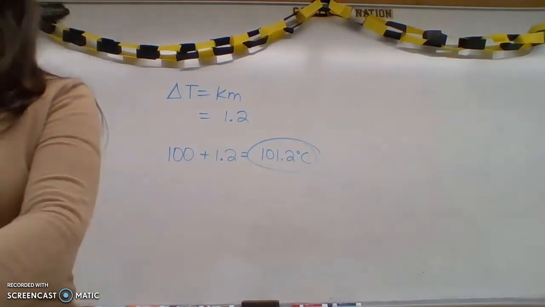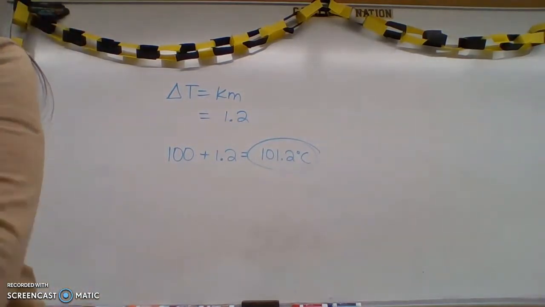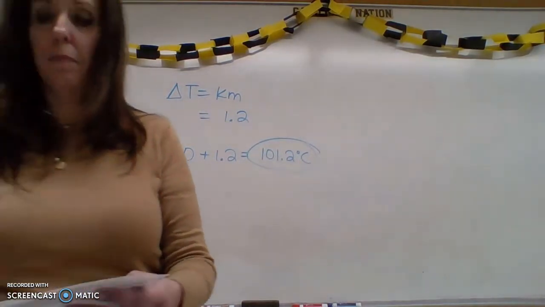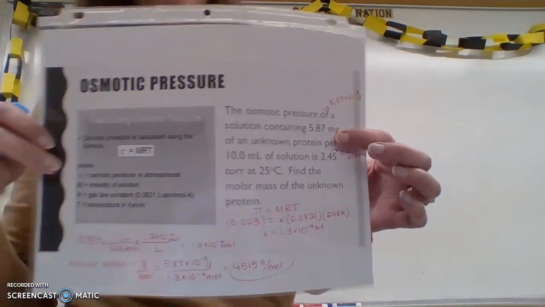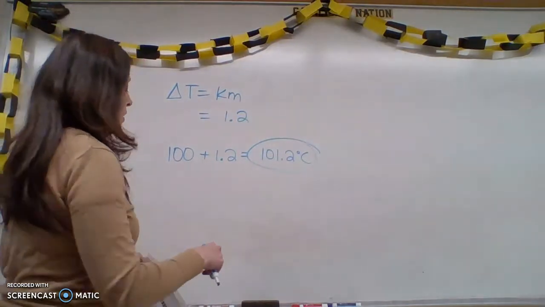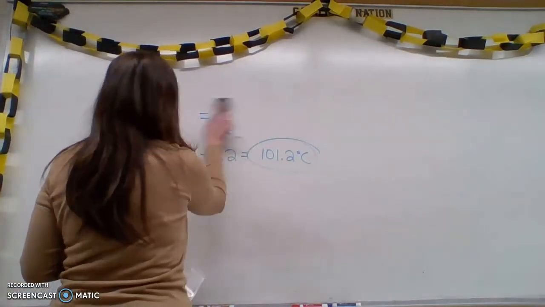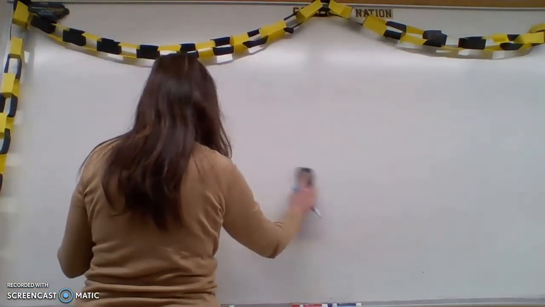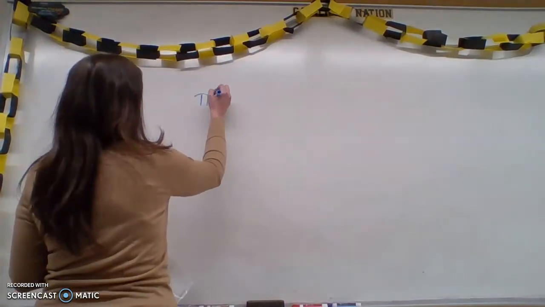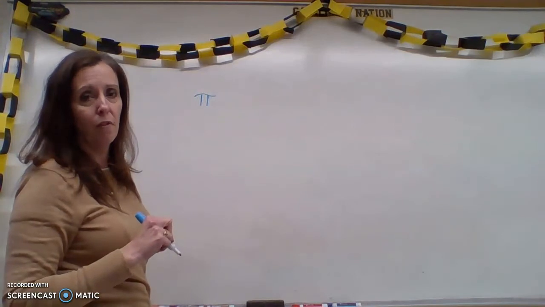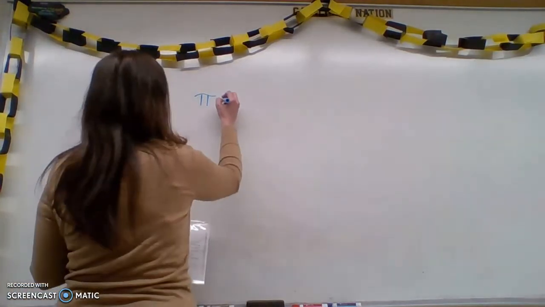All right. The last thing I want to talk to you about today is calculating osmotic pressure. And you'll notice when you look at the slide, I wrote the formula, I wrote what everything is. Osmotic pressure is represented by pi. Don't get that confused with pi in math class.